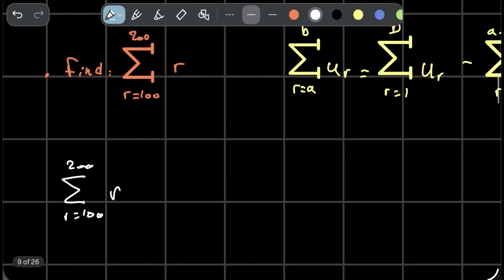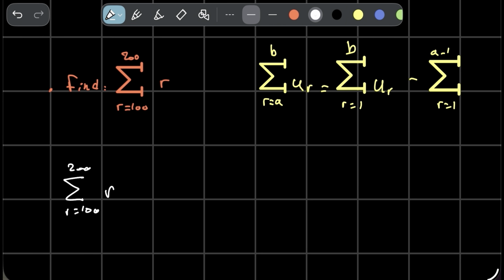So it's the equivalent of sigma r equals 1 to b, which is here 200, of r, minus the sigma r equals 1 to a minus 1, which is here 99, of r, okay?